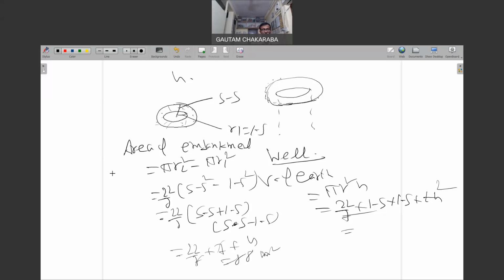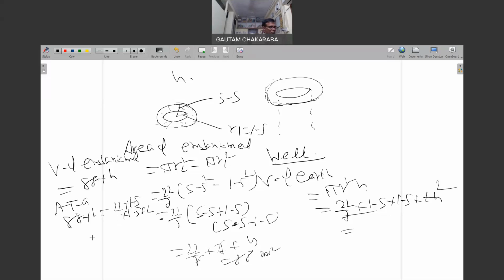Now after that, volume of embankment is area into height. According to question, area into height is equal to this. Now you find the height. Okay, understood? Both question 3 and 4 are important.